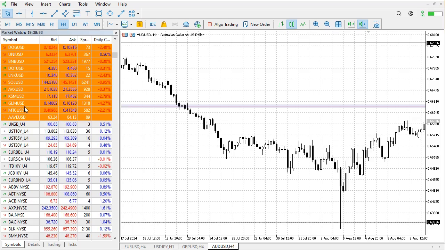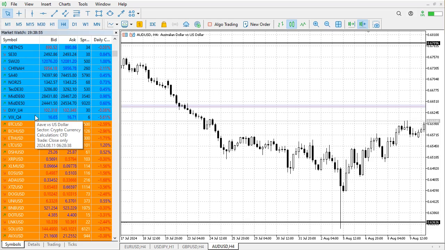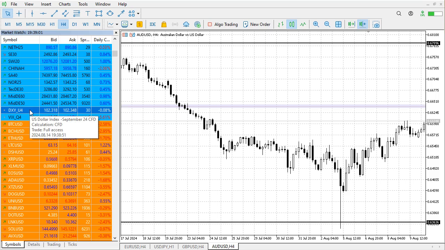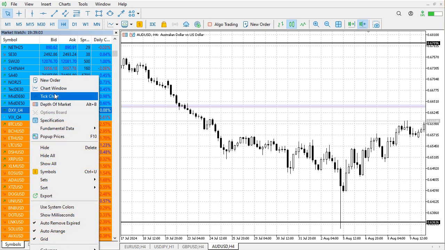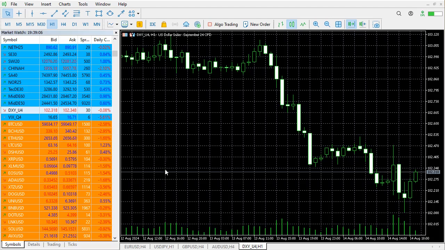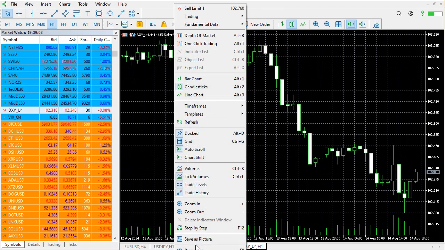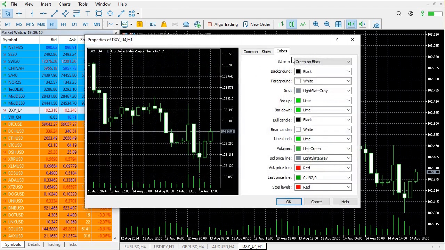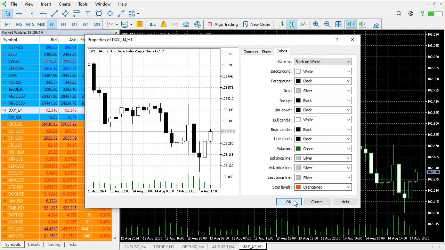Sorry guys, let me just get you the dollar index. This is crypto, this is the dollar index. Okay, let's look at the chart and see what is happening.